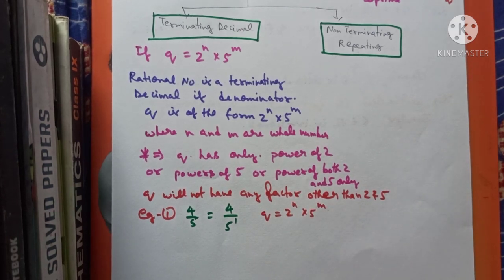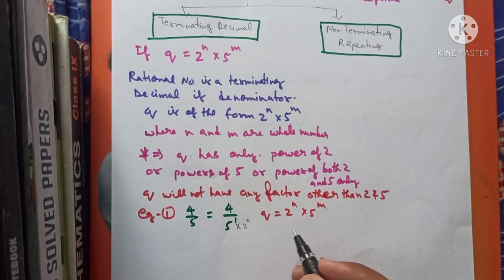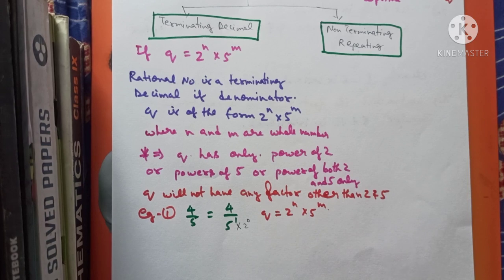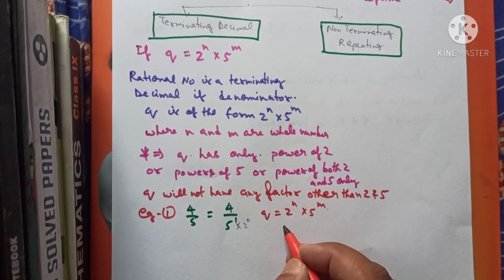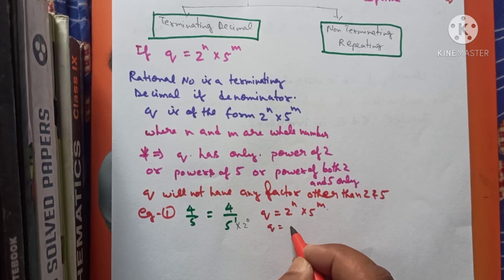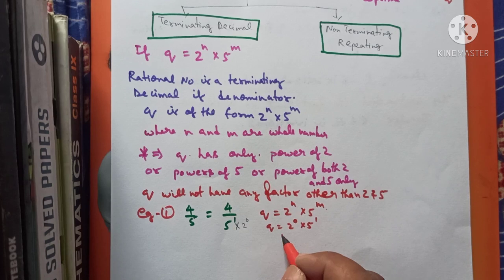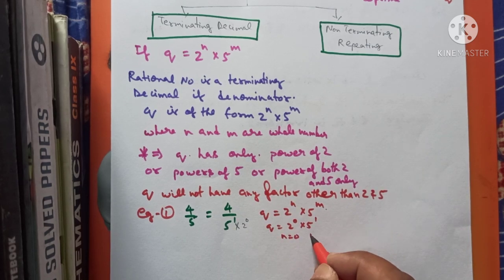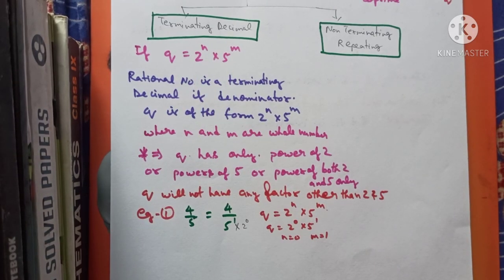How? If it has 5 as the only factor, we can write it as into 2 raised to power 0, because 2 raised to power 0 is equal to 1 only. So q is of the form 2 raised to power 0 into 5 raised to the power 1. In this case, n is equal to 0 and m is equal to 1. So it is an example of terminating decimal.